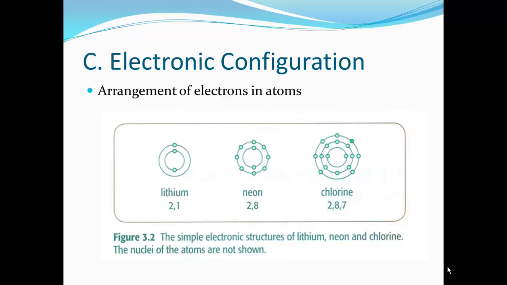It has 2 because of the first 2 elements, hydrogen and helium, and then holds 8 all the way from lithium to neon in the outer shell. It's full. So chlorine, a halogen, acts like all the halogens. It has 7 in the outer shell. Missing 1 electron.